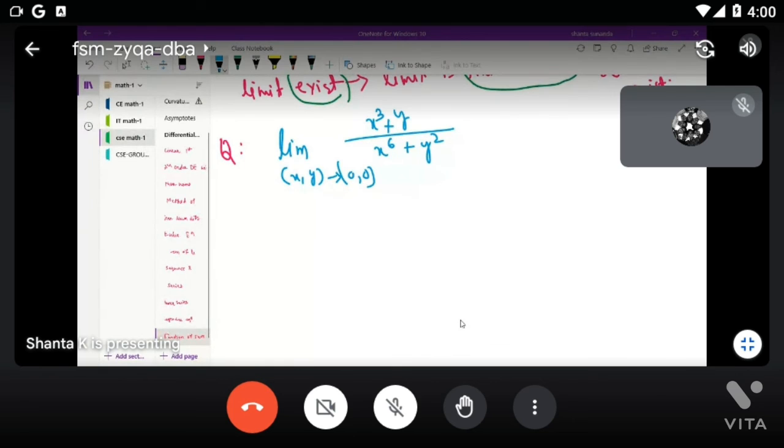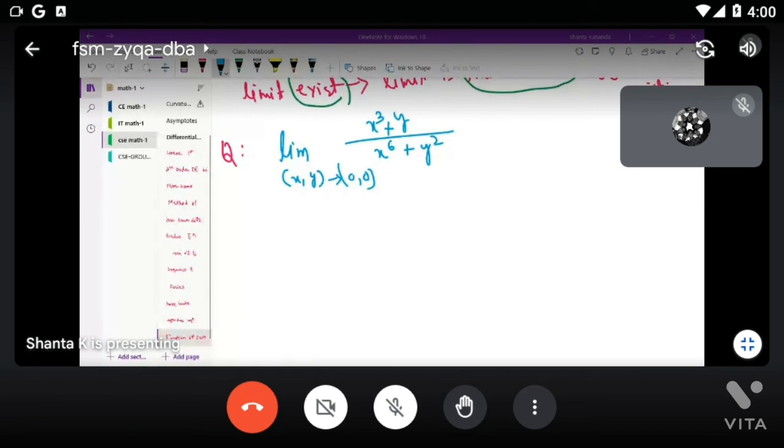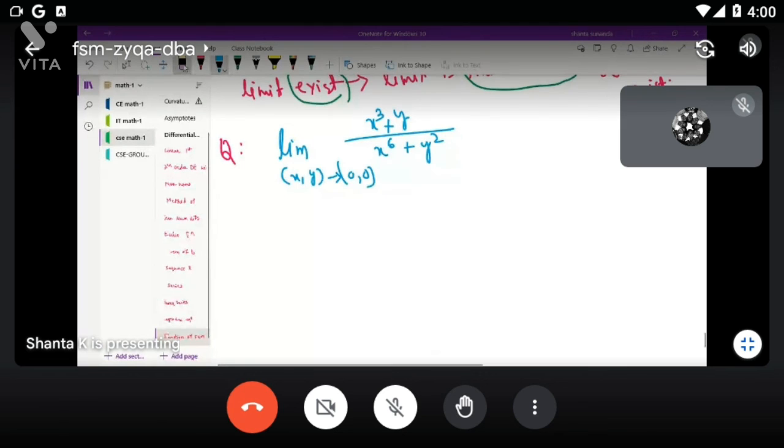If I make it plus, that will be easier. So what do you think? Now if you make it plus, there won't be any cancellation. So are you done? I already did the same type of limits.